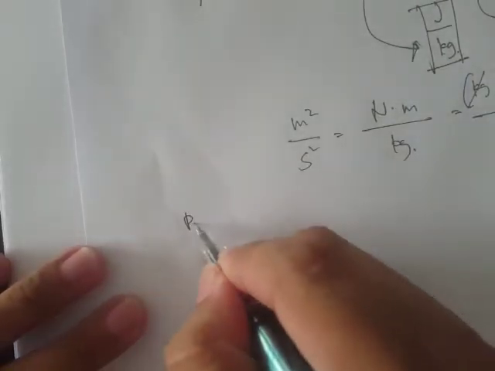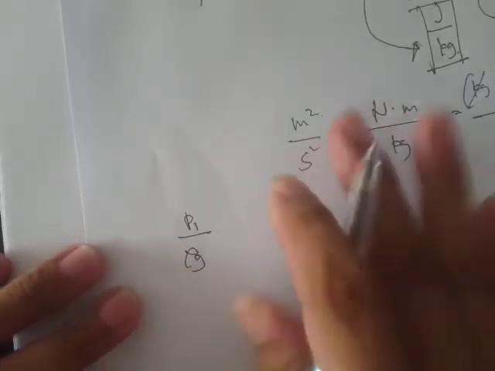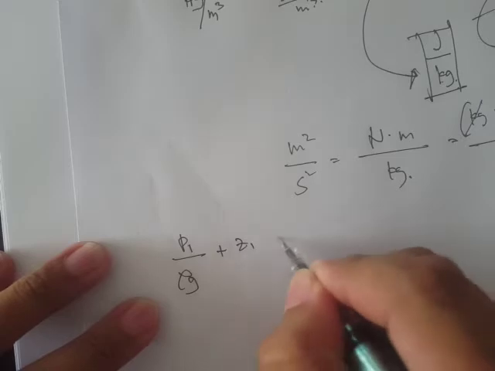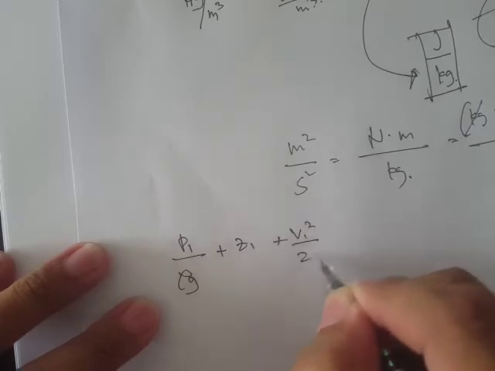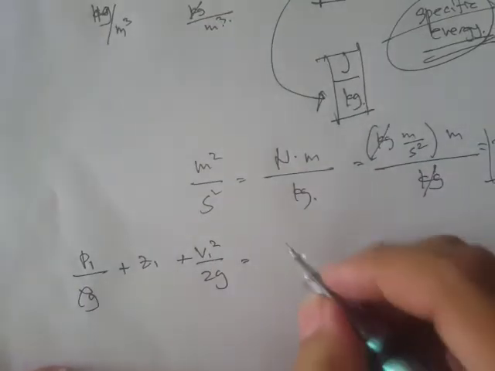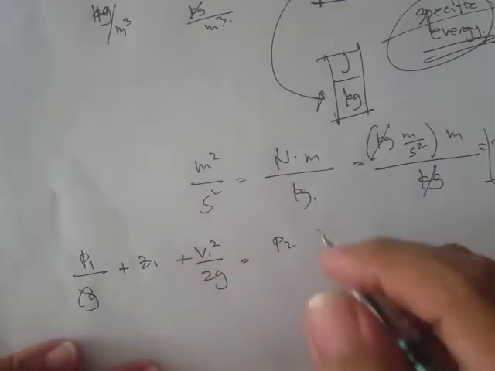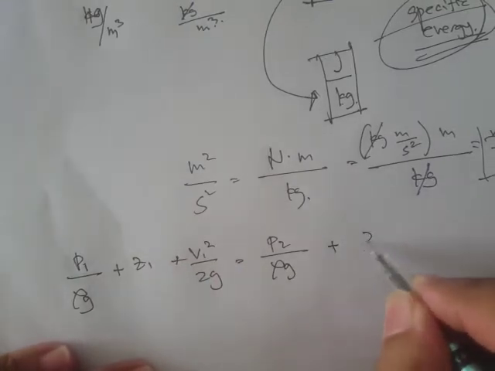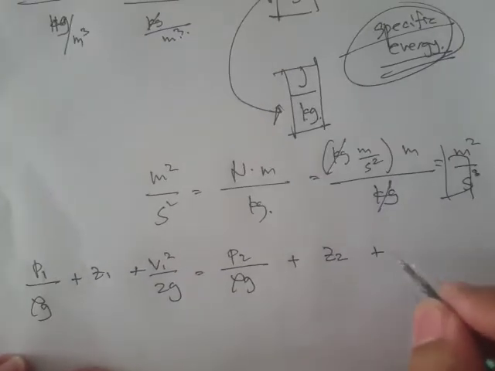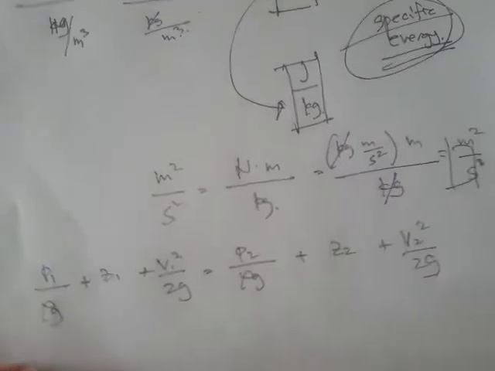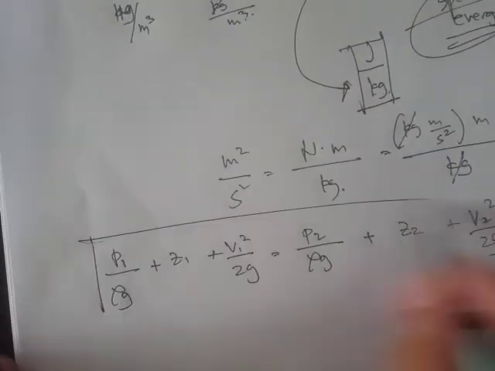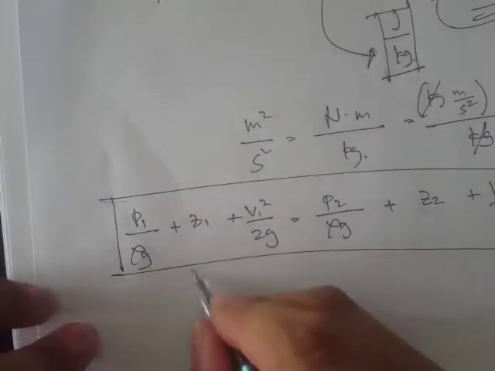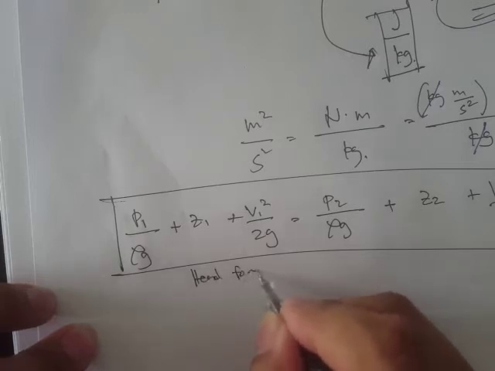So that's P1 over rho g plus Z1 plus V1 squared over 2g is equal to, at point 2, P sub 2 over rho g plus Z sub 2 plus V, the velocity at point 2, squared over 2g. So this expression is in terms of head form.